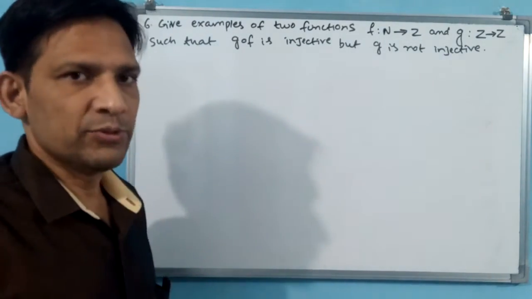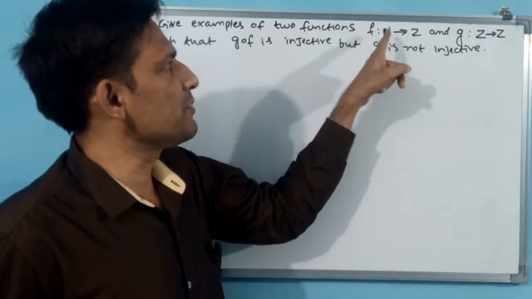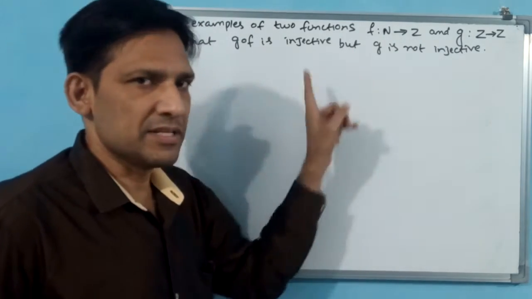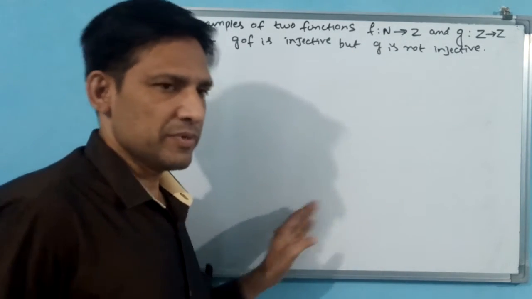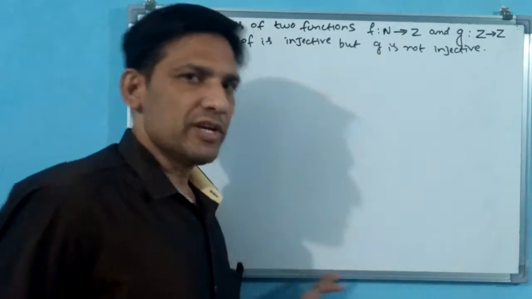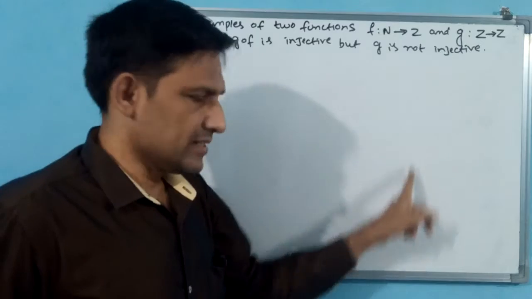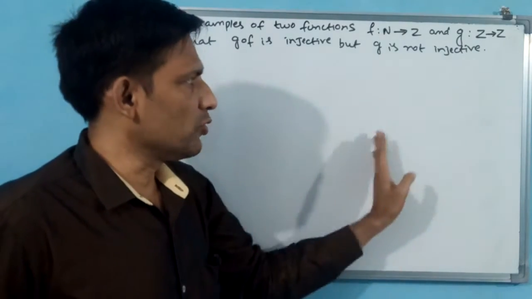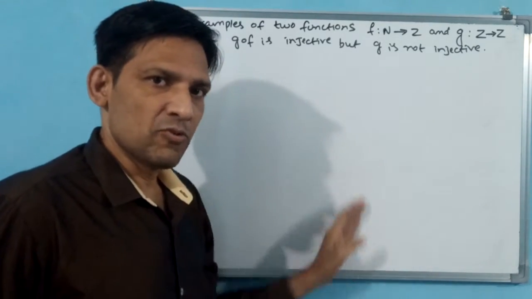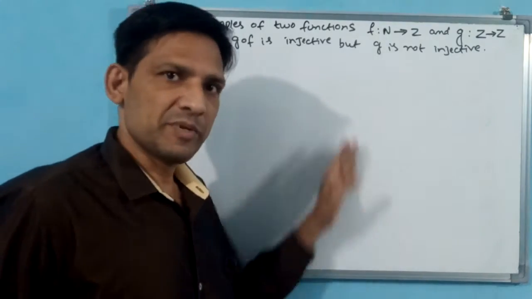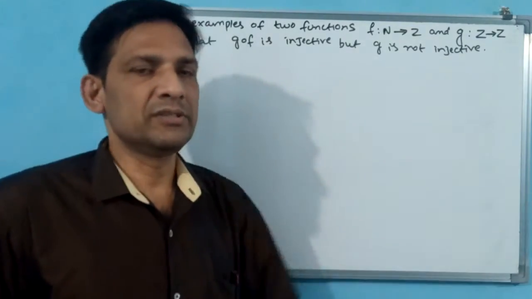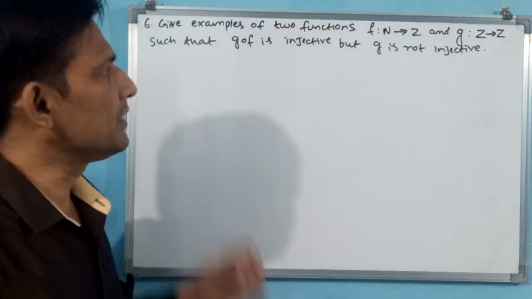As you know, function means N to Z, N should be fully occupied, otherwise it is not going to become a function. That means from each element a connection has to go. In g also both are Z, but first the domain all should engage. That means minus infinity to plus infinity all should have connection or relation.